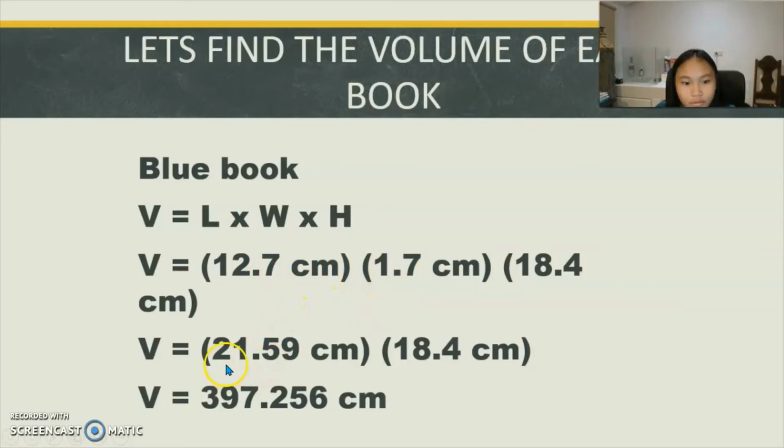So the results are 21.59 centimeters. After that, we're going to multiply 21.59 centimeters and 18.4 centimeters. So the results are 397.256 centimeters. Now that we're done solving this equation, we're going to do the same thing to the pink book.